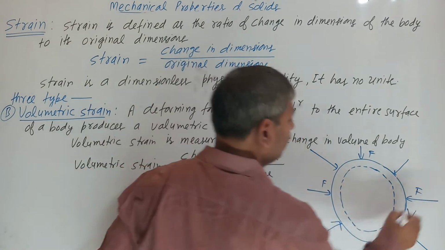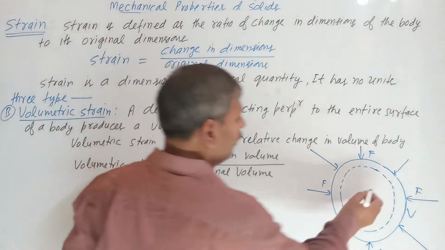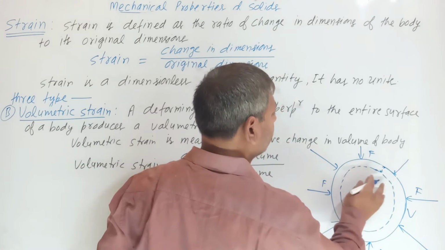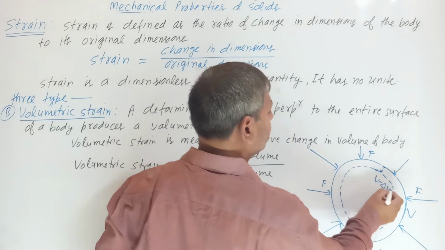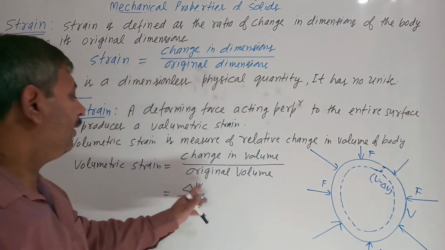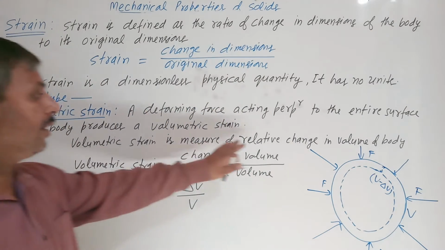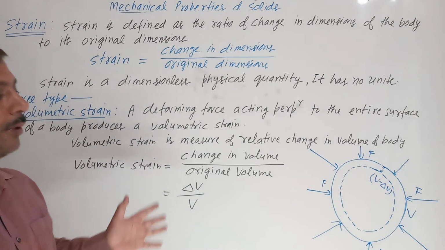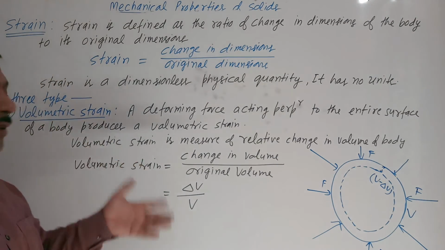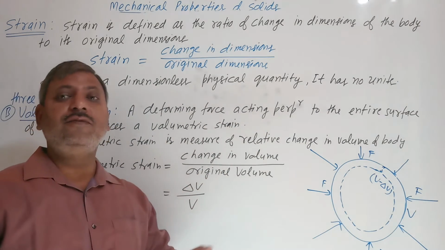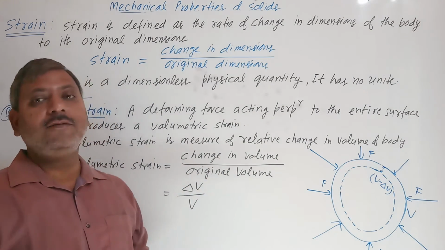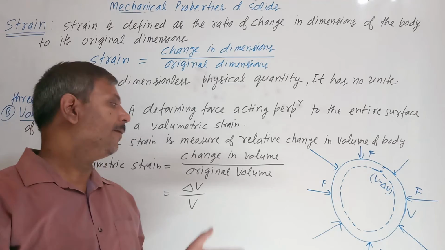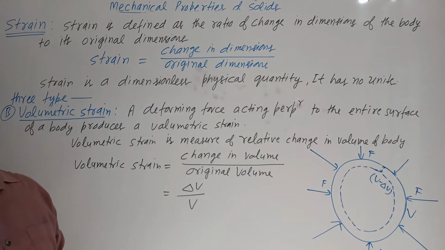Suppose the initial volume is V, and the final volume becomes V minus del V. So the change in volume is del V, and del V upon V, the relative change in volume, is known as volumetric strain. It is defined as the ratio of change in volume to original volume, when a deforming force acts perpendicular to the entire surface.